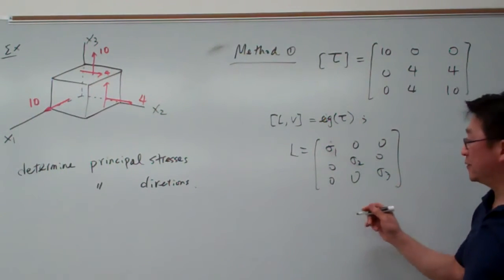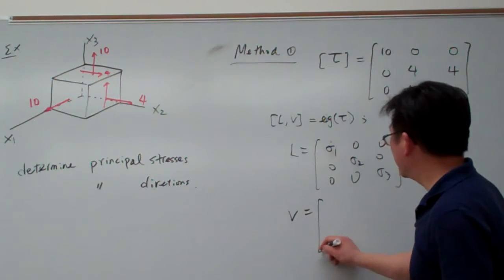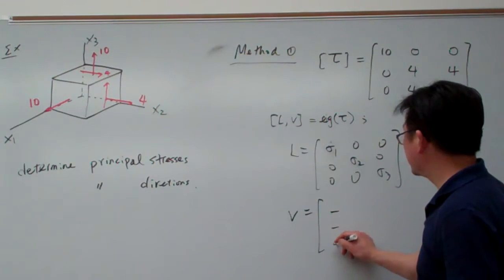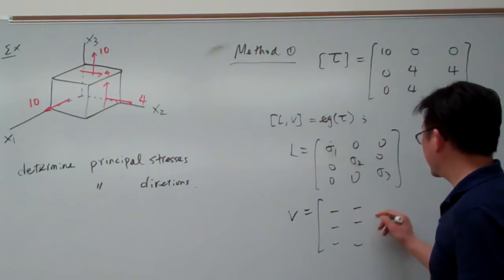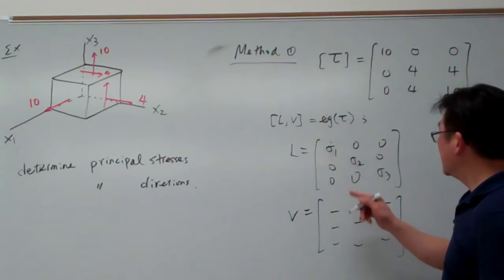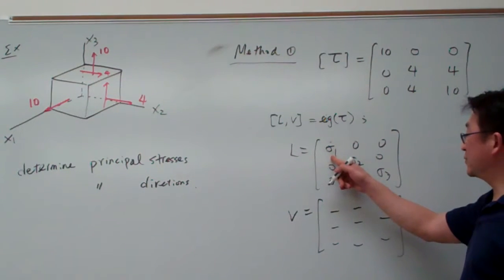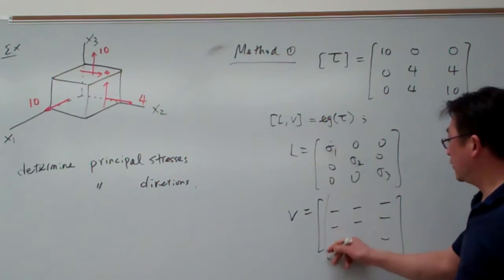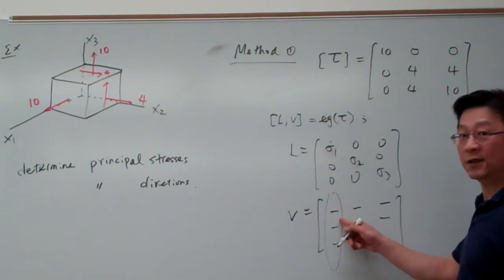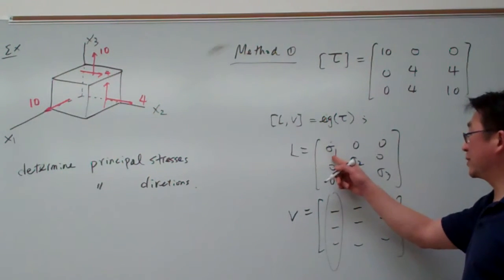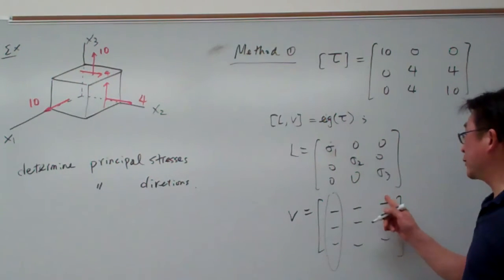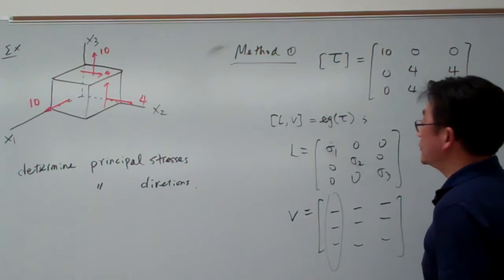Okay, so that is the first one, and V will be equal to certain numbers. So this is the first principal stress. This is the corresponding N, the principal direction corresponding to this one, etc. So this is the first approach.